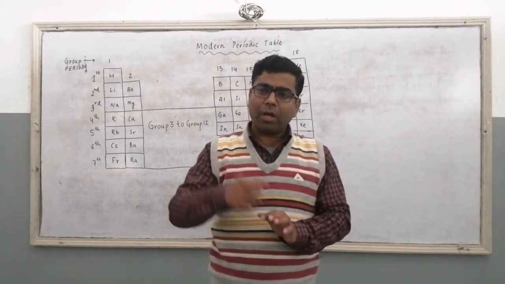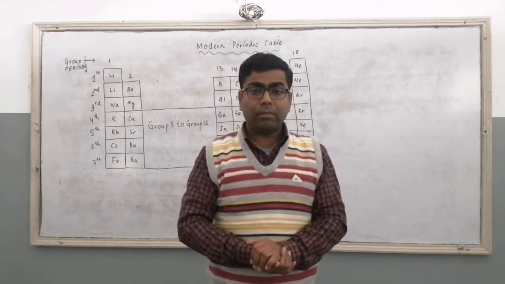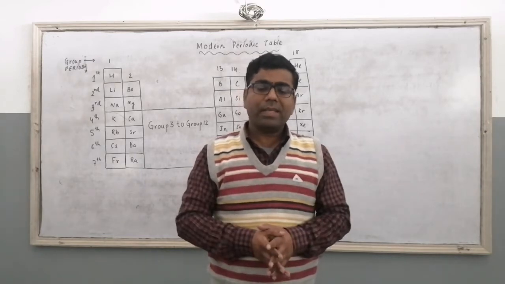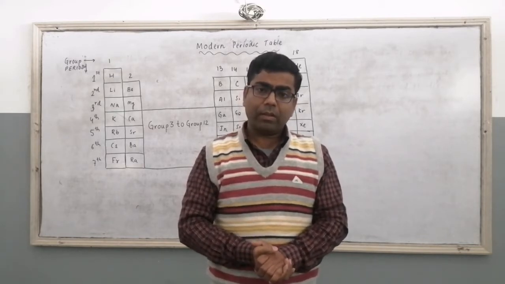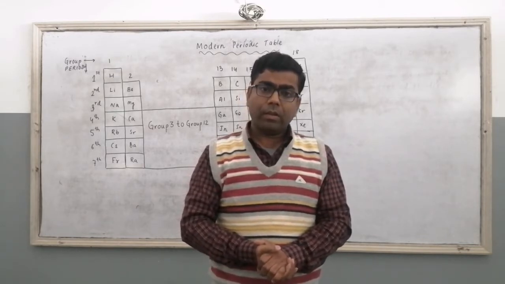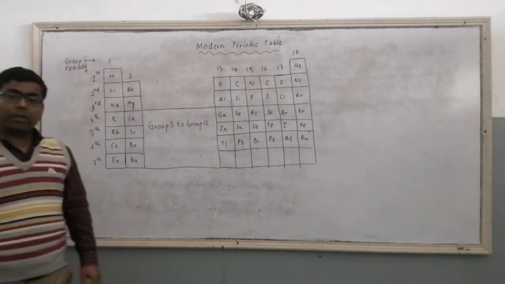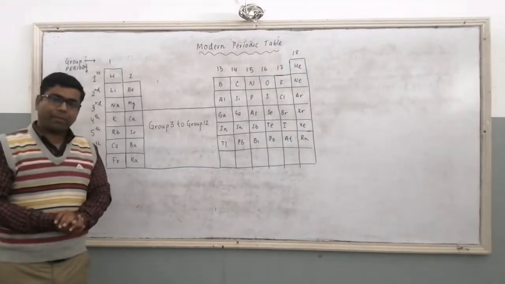Now, if we talk about the group, then the elements belonging to the same group have the same number of electrons in the valence shell. Any element which belongs to group 1 will have 1 electron in the valence shell.